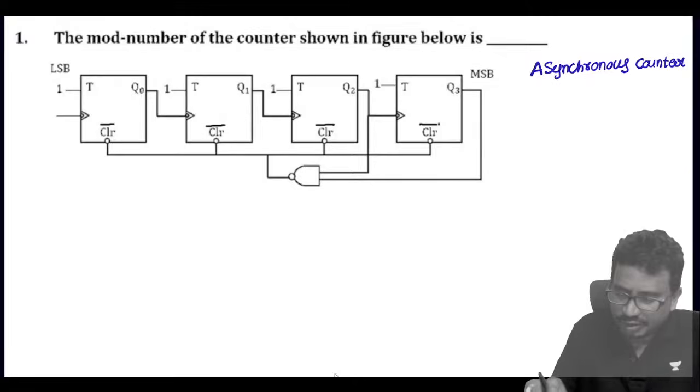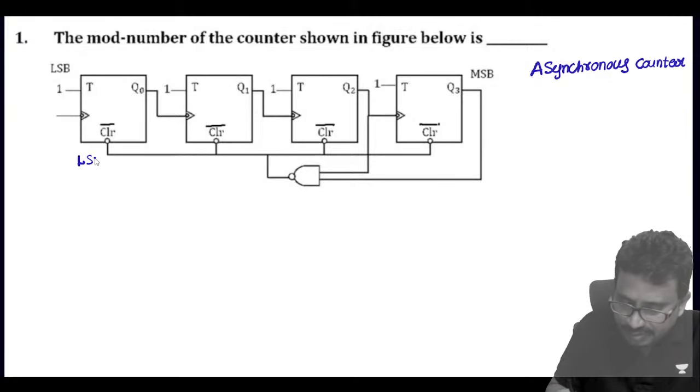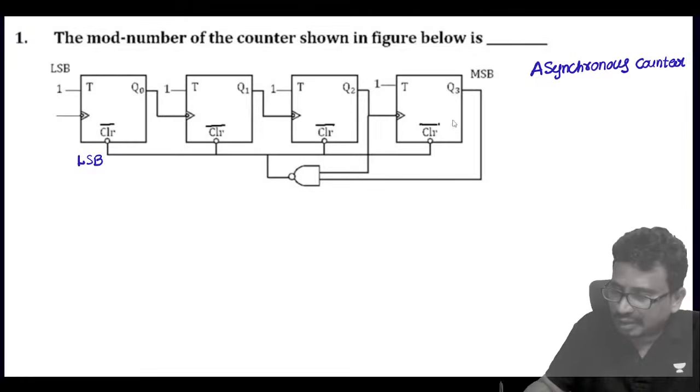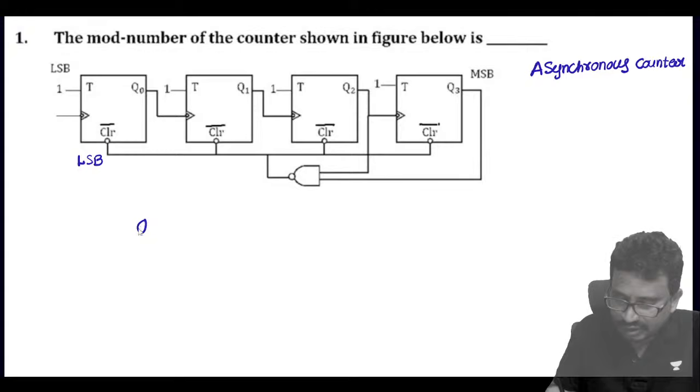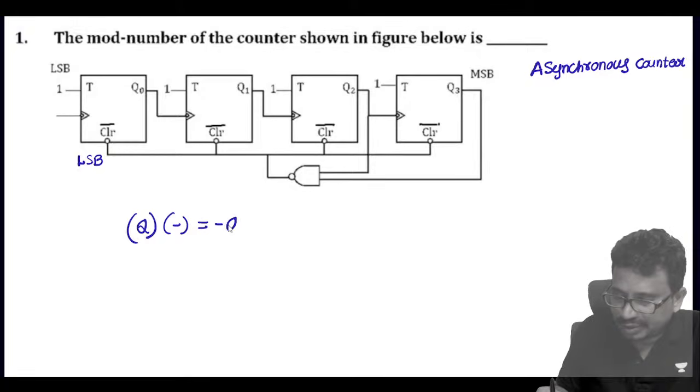You see, clock is given from here, this is the LSB and here this is the MSB. Clock is given from Q, so that means it is negative edge, so this means minus, which is equal to minus Q bar.